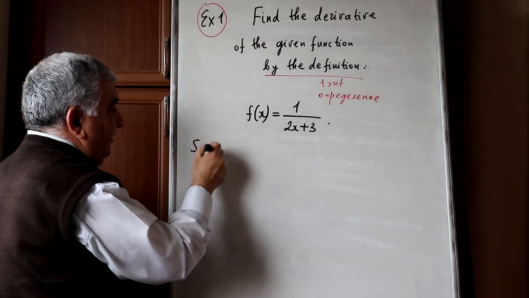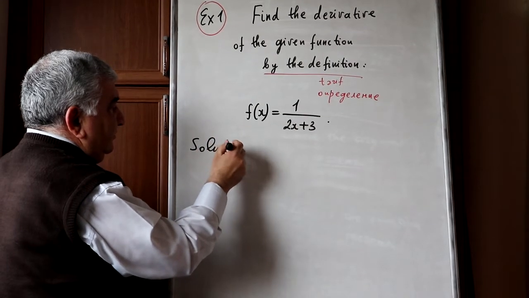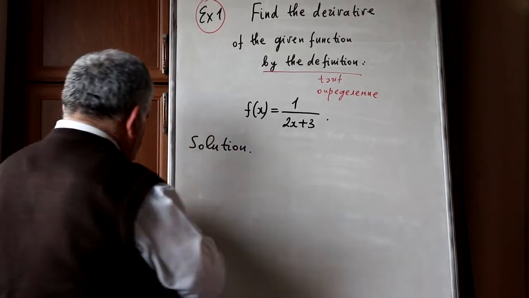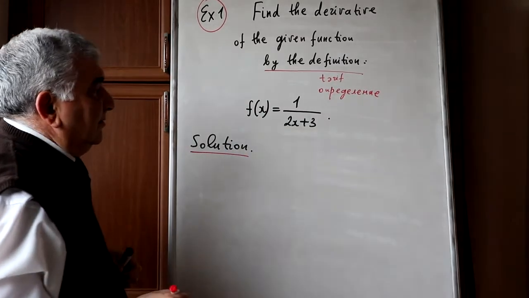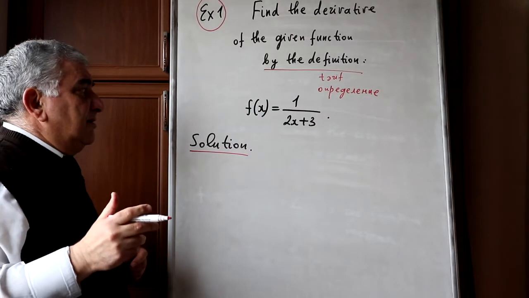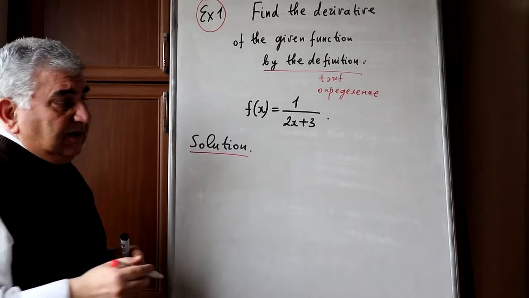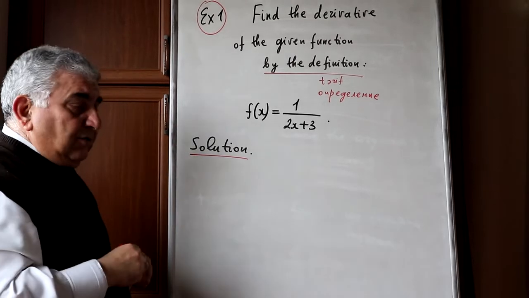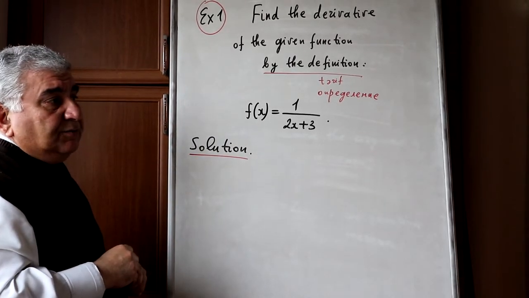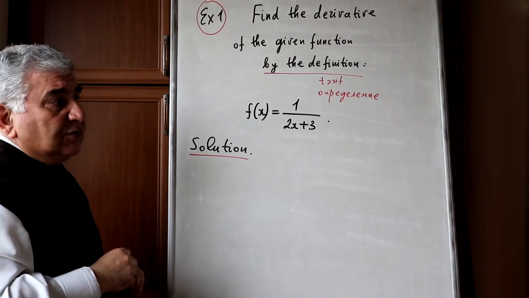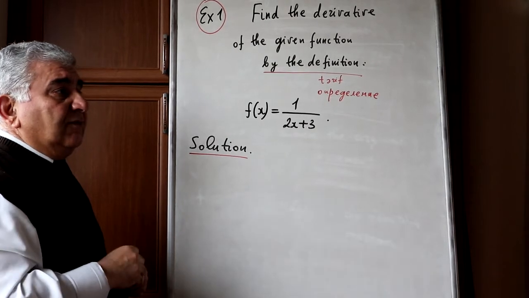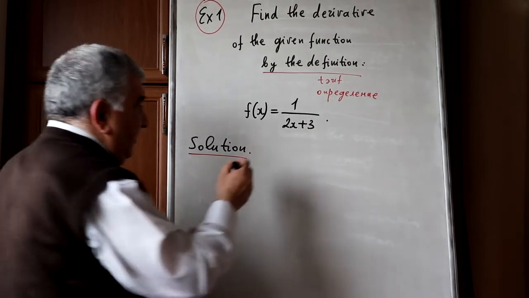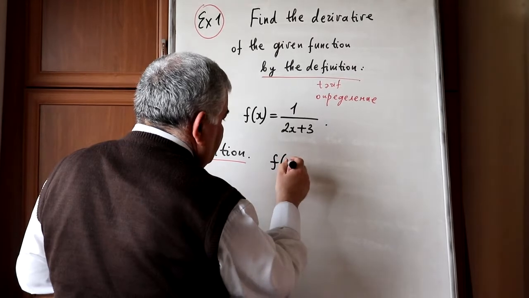Solution. We have the expression of f of x is 1 over 2x plus 3 according to the condition. Now we must also obtain the expression for the value of function f of x plus t.